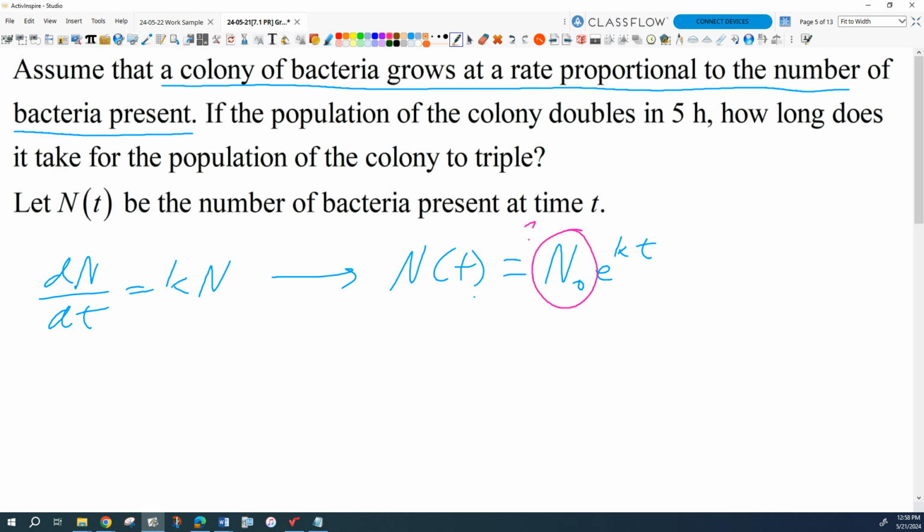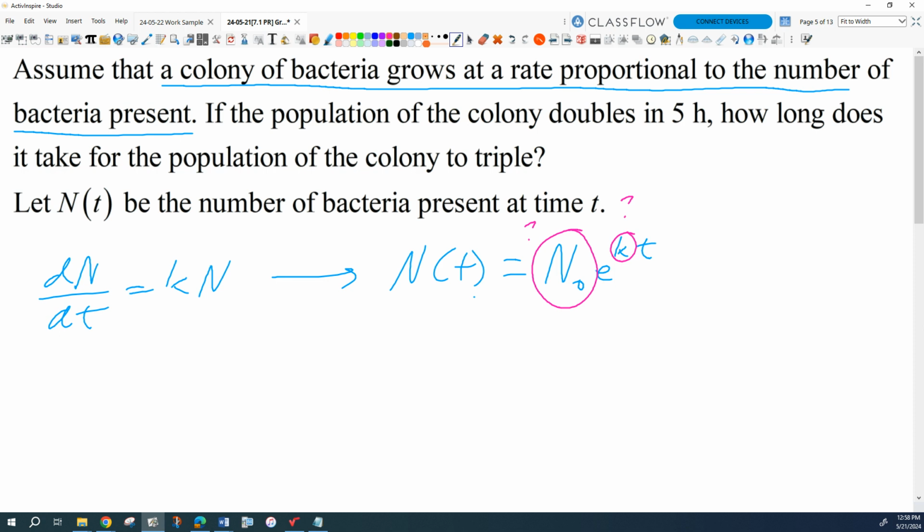Time is a variable. That's k, the growth constant. We need to know what the growth constant is because that depends on how quickly this specific population grows. That's all contained in that k. So how am I going to find those things?